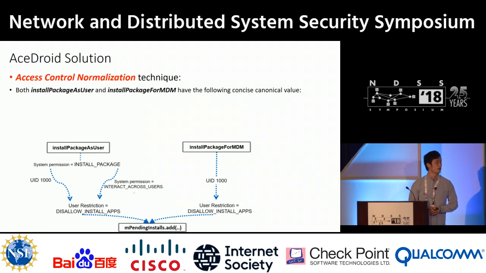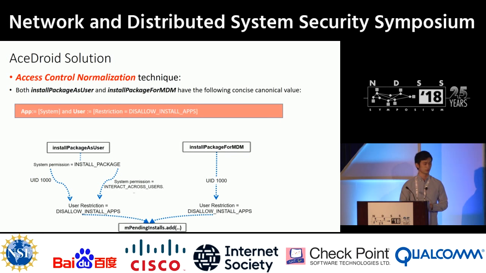So let's see. Under our technique, both APIs will have the following concise canonical value, which means that both APIs require the app to have a system-level privilege, and the user shouldn't have the restriction to disallow installing apps. So based on this canonical value, we can see these two APIs imply consistent access control enforcement.